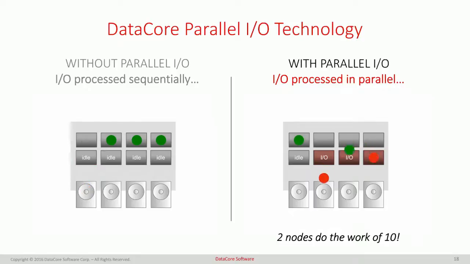We like to say that 2 nodes can do the work of 10. Now, don't get tied up in the 2-node number, as DataCore can easily scale out to 64 nodes or even more, depending on what you're needing to do. But the comparison is 2 to 10, a huge savings and efficiency gain.